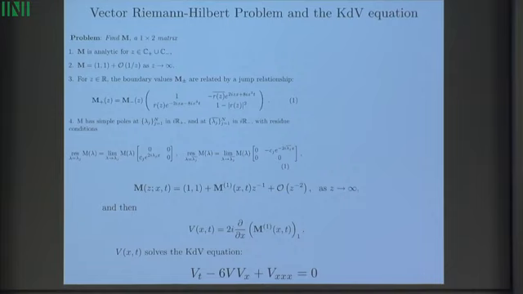Or maybe you would like to take some crazy singular limit of one of these PDEs. The hope is you solve the Riemann-Hilbert problem just as you might analyze an integral, try to extract asymptotic information about the solution of the Riemann-Hilbert problem, and from that pull out information about the solution of the PDE. That's the idea.